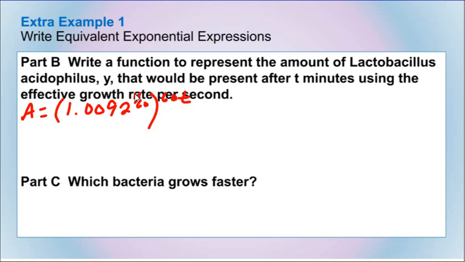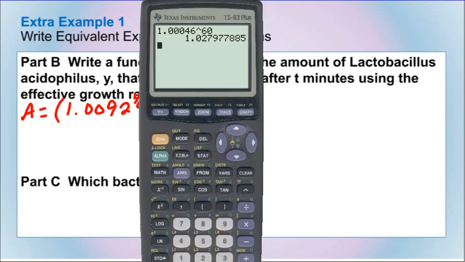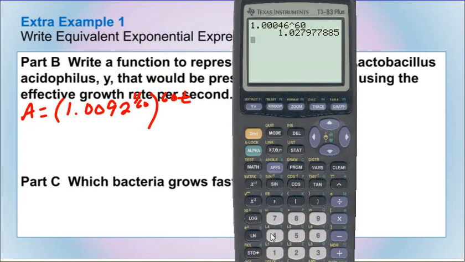Now, if I simplify that, I would take my calculator again, and we would have 1.0092. We're going to raise that to the 1/60th power. And that gives us 1.000152. So if we did to the nearest 10,000th place, we'll just do a little bit longer, just so we can have a little more accurate number.